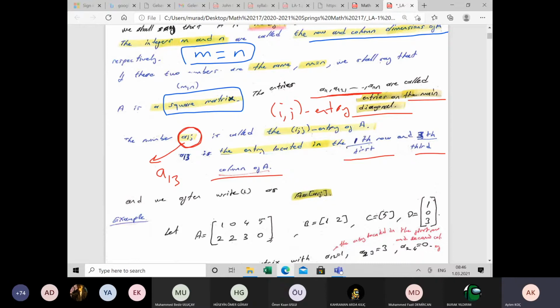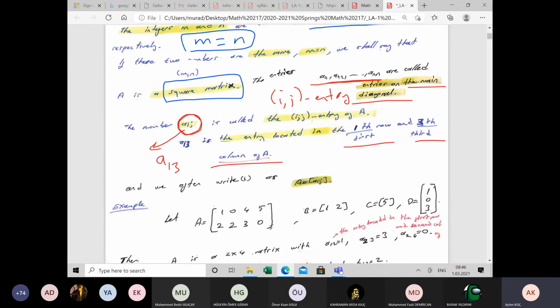Let's give an example. Look at the first matrix, matrix A. What can you say about this matrix? This matrix contains two rows, so the row dimension is 2, and what's the number of columns?